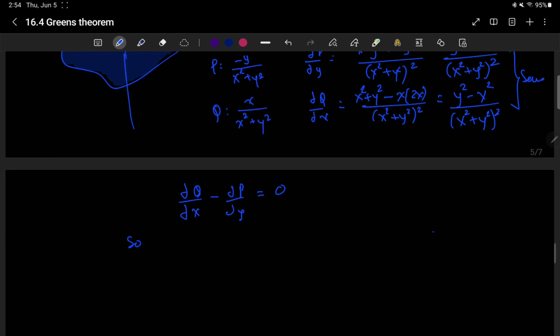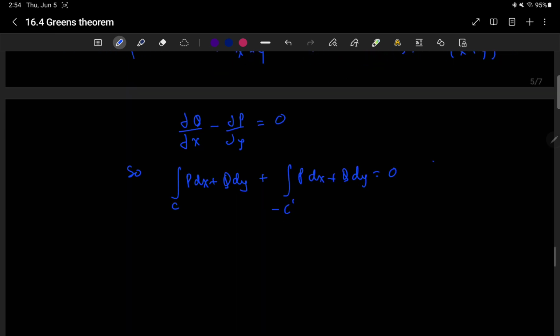So you have that the line integral of P dx plus Q dy for this case plus the line integral along negative C prime of P dx plus Q dy equals 0. But for line integrals, we know that changing the orientation only makes it negative in value.